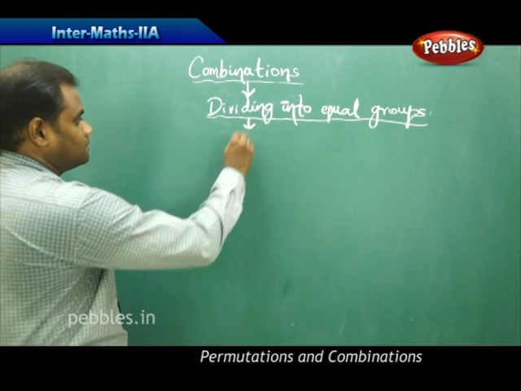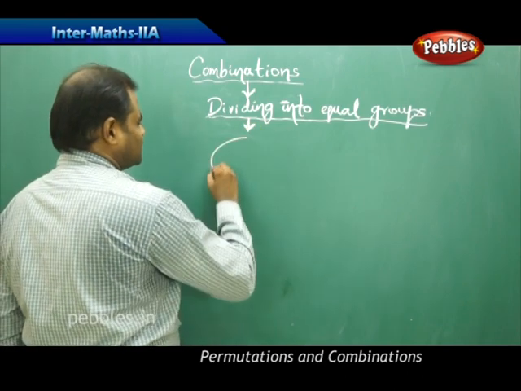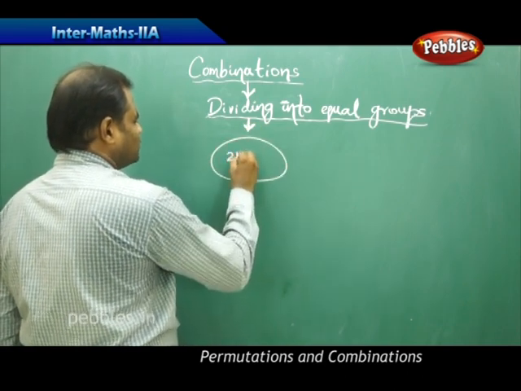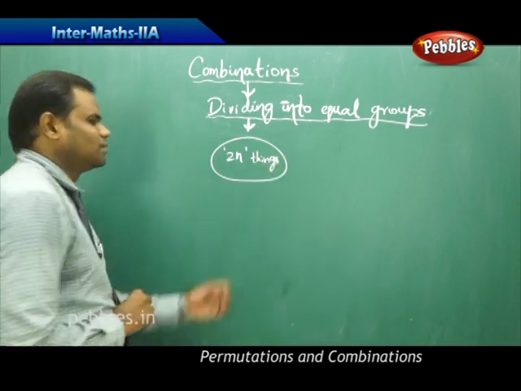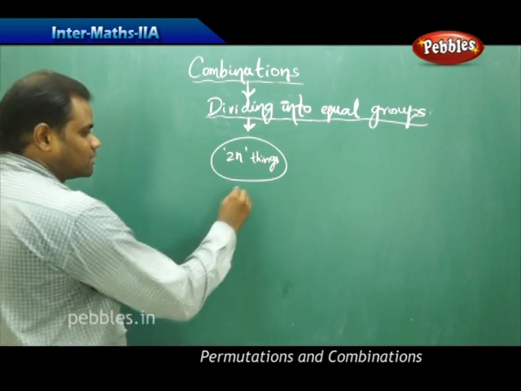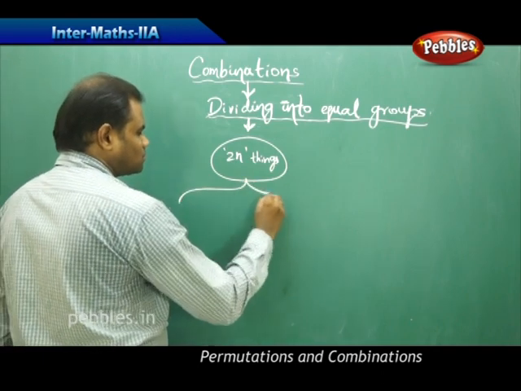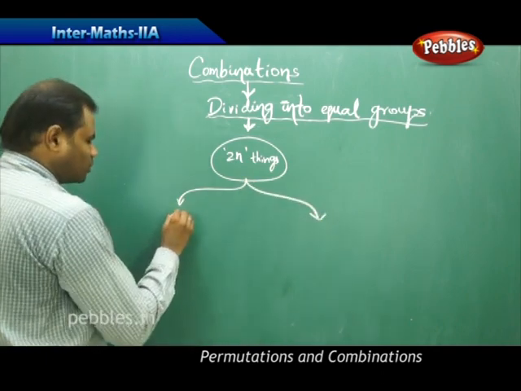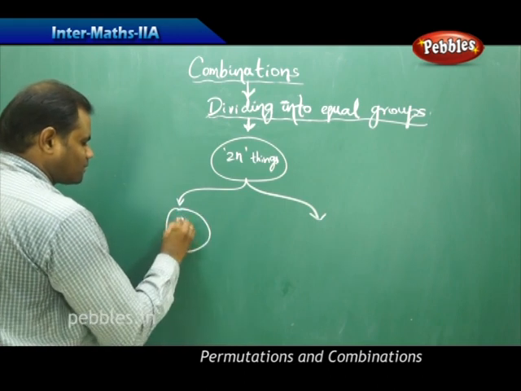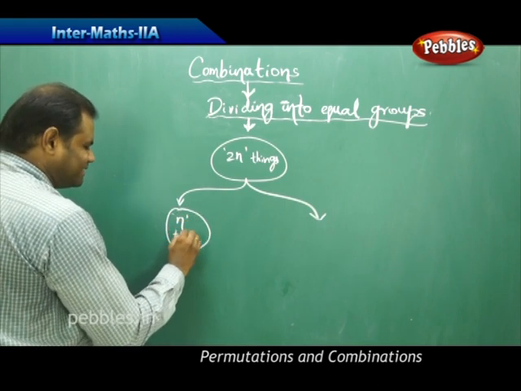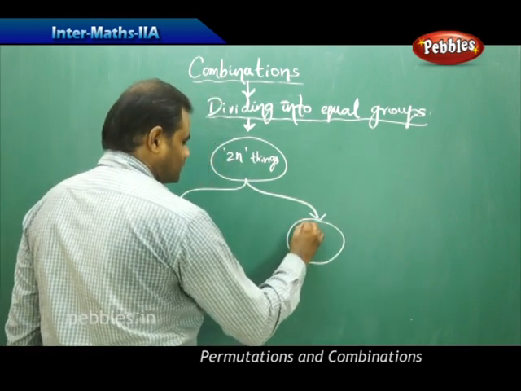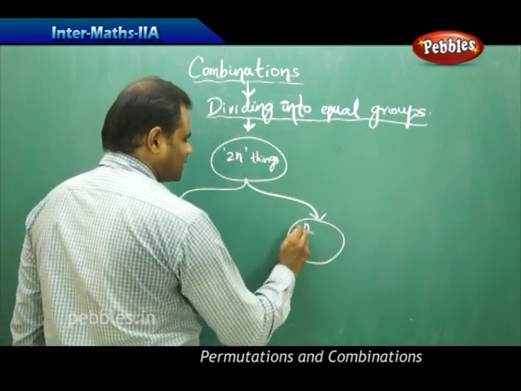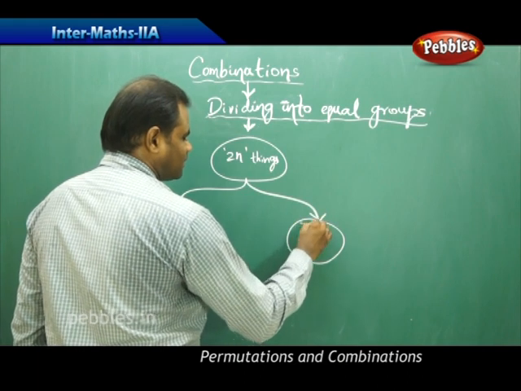So in this case, if I have, say, 2n dissimilar things, which are not equal but they are distinct, and for these 2n dissimilar things, if I want to divide into 2 equal groups of n things, half of this, and the other half, which is again n things.